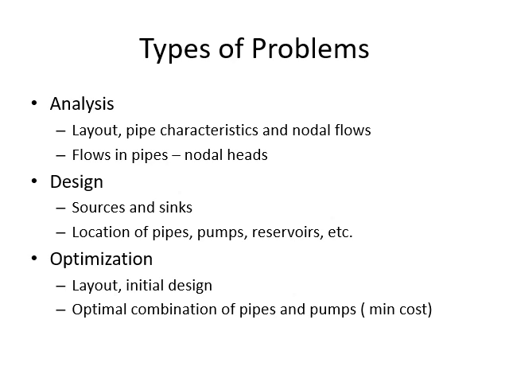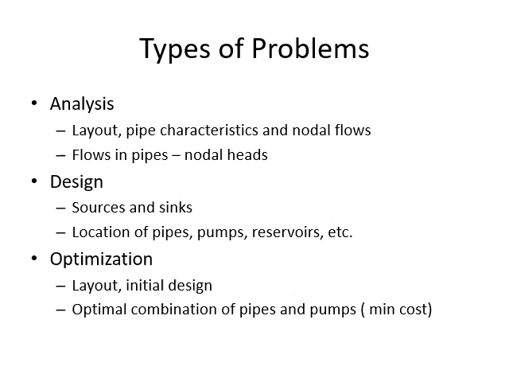In the design type of problem, we have the sources and sinks with certain discharge, and we are designing the location of pipes and pumps and reservoirs and other elements of the network.